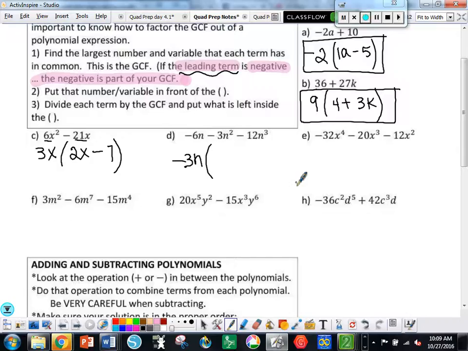Negative 6 divided by negative 3 is 2. I have one n. I take the 1 out. No more n's, right? So it's just 2. Next one. Negative 3 divided by negative 3 is a positive 1. I have 2 n's. I took 1 out. n. Now, do you technically need the 1 in front of the n? No, but I'm okay that you put it there. Negative 12 divided by negative 3 is a positive 4 n squared. Good.